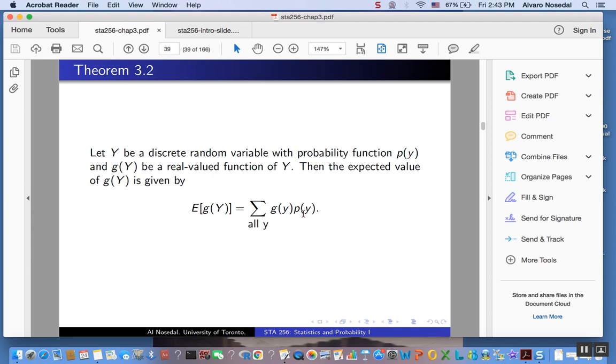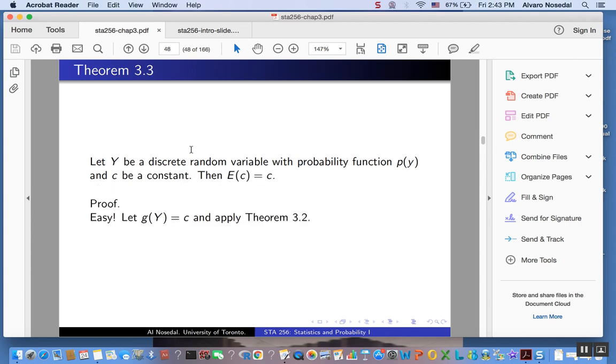So, first result. I think it's here, slide 48. Yeah, that's the one we want to discuss and show. Okay, so theorem 3.3. Take a look at it.